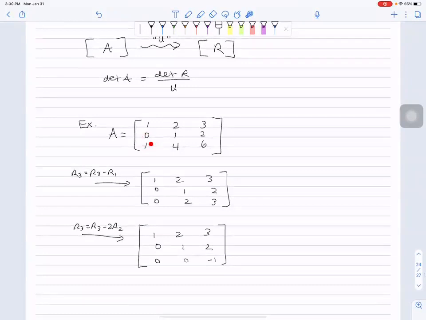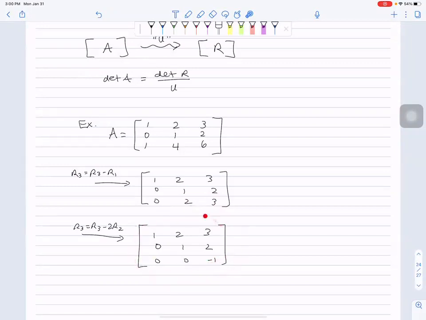I don't want this 1 here, so I do R3 minus R1, which gives you 0, 4 minus 2 is 2, 6 minus 3 is 3. Then I don't want this 2 here anymore. I want it to be upper triangular, which is the easier way. So I do R3 is R3 minus 2 times R2. So 2 minus 2 is 0, 3 minus 4 is -1.